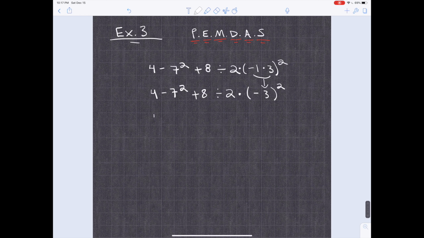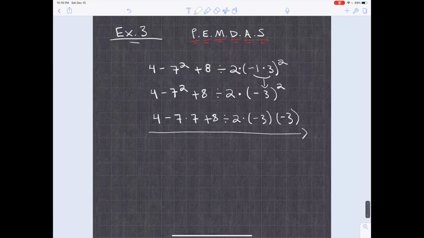Let's rewrite the equation as 4 minus 7 times 7 plus 8 divided by 2 times minus 3 times minus 3. All right, so at this point, we need to make a decision as to whether we're going to give multiplication or division the priority. The way we figured that out is moving from left to right in the equation.